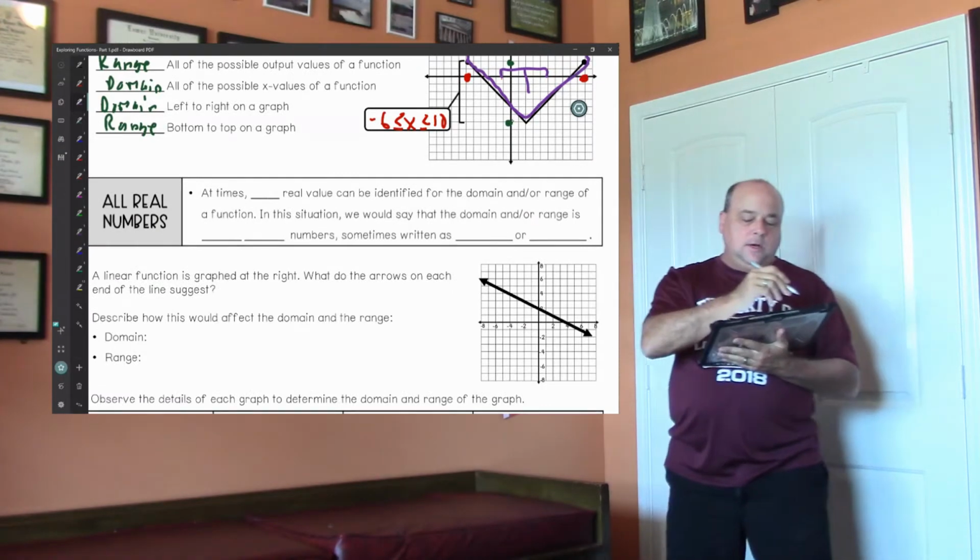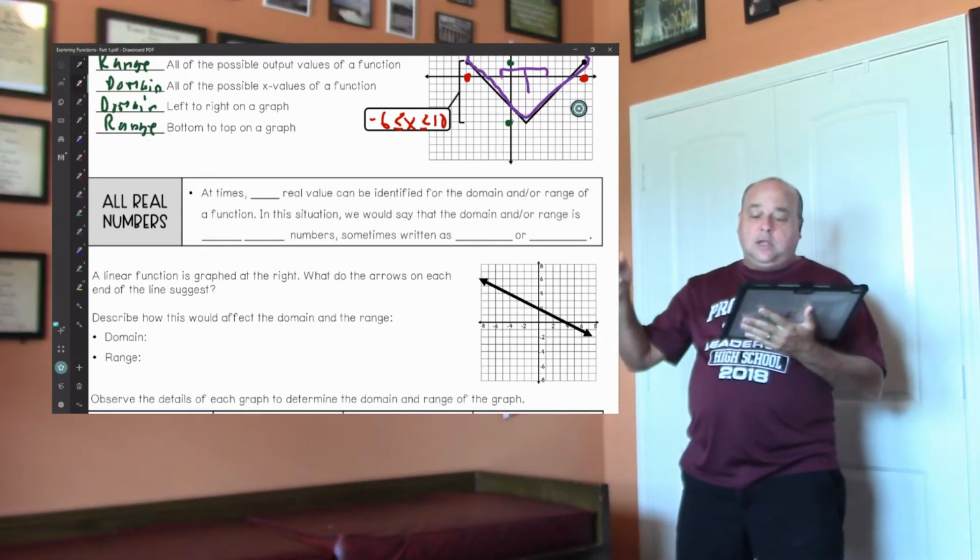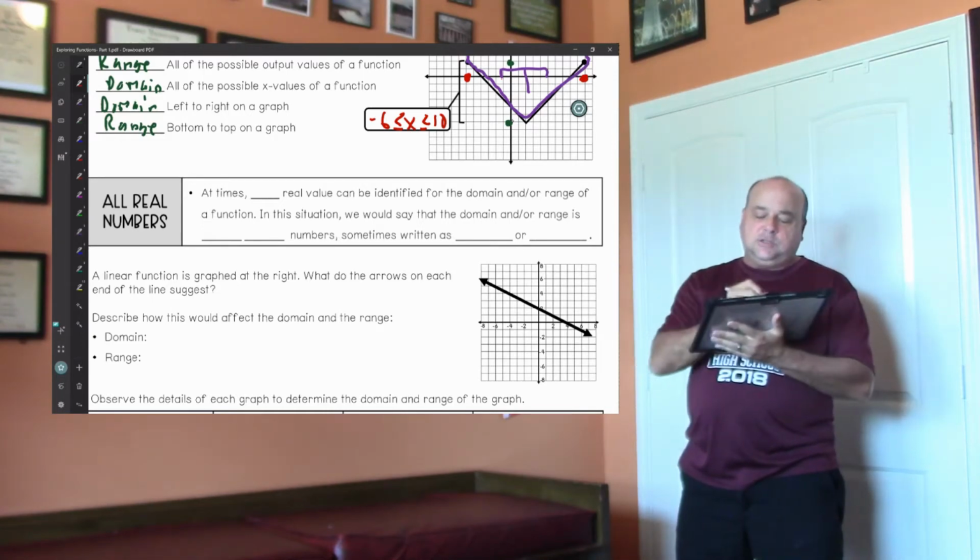Okay, let's talk about all real numbers. At times, any real value can be identified as the domain and range of a function.